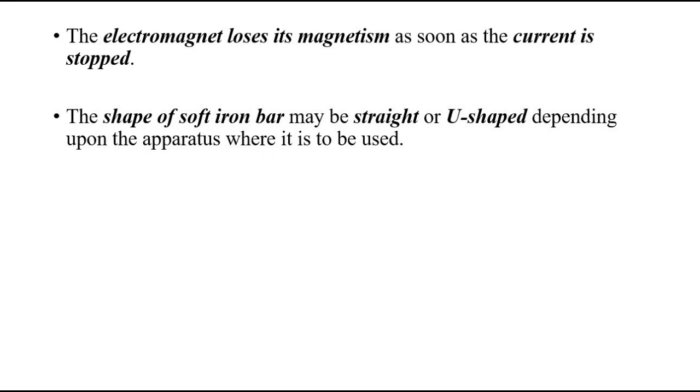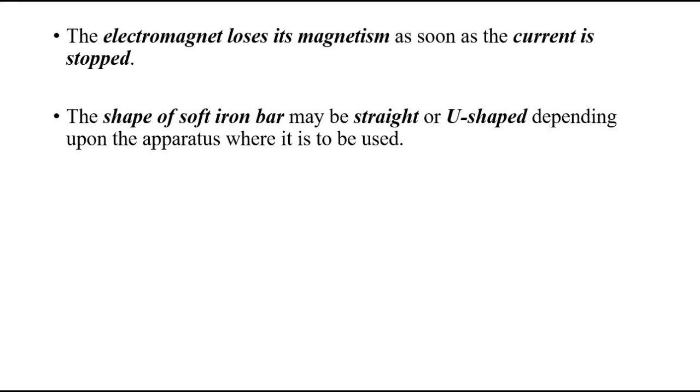One important characteristic which differentiates an electromagnet from a permanent magnet is that permanent magnets retain their magnetic characteristics, but an electromagnet loses its magnetism as soon as the current is stopped.